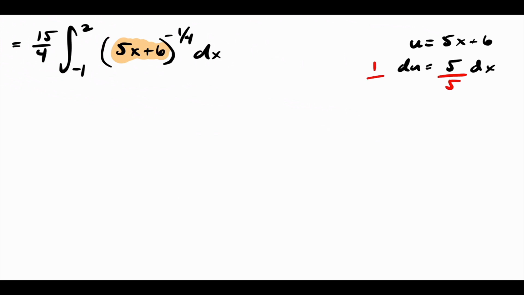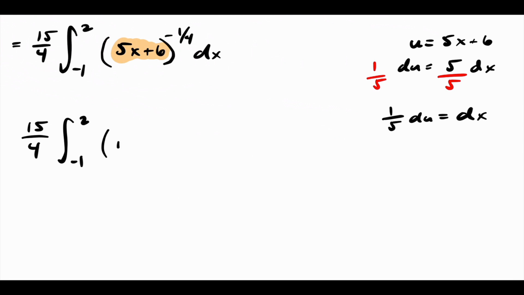Go through our process. Move everything back in. 15/4 stays in front. So u is 5x plus 6, so that's going to be u to the negative 1/4.